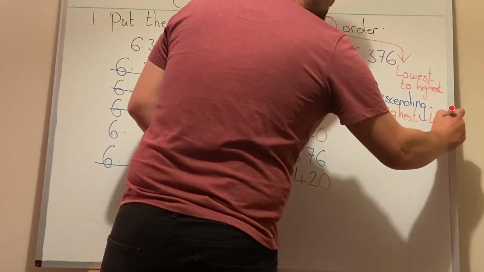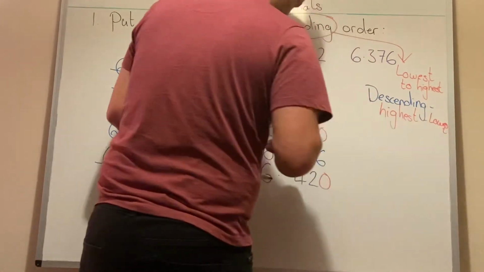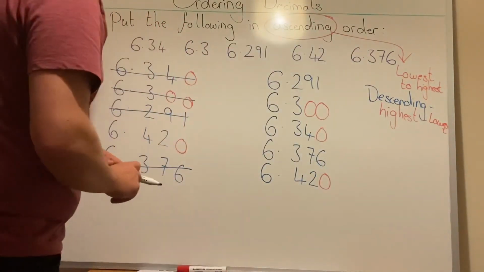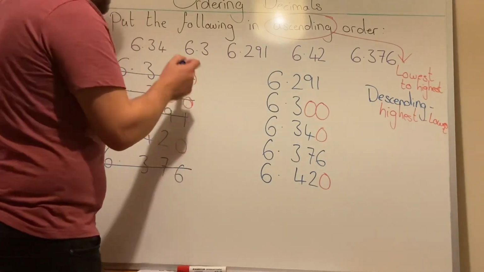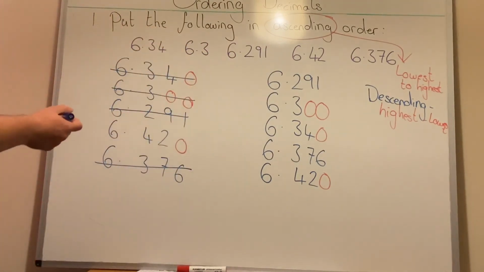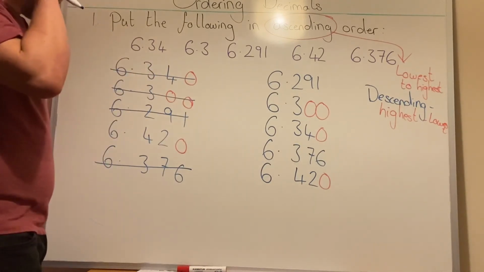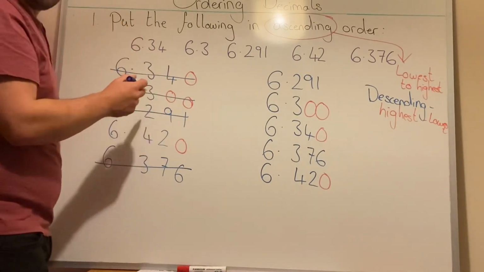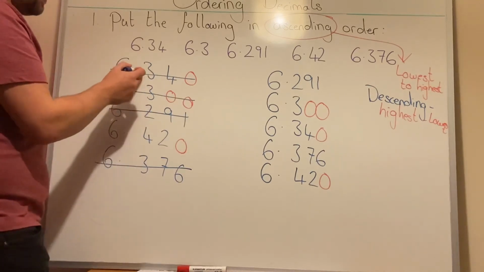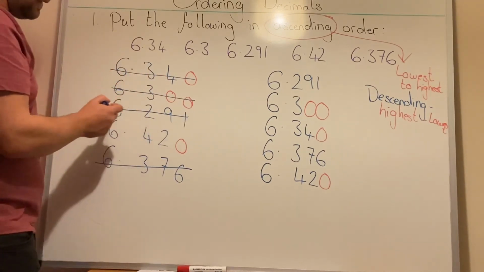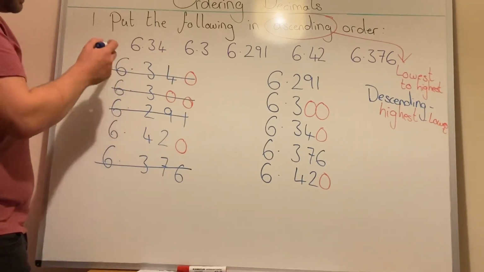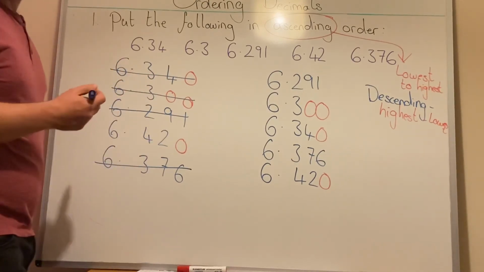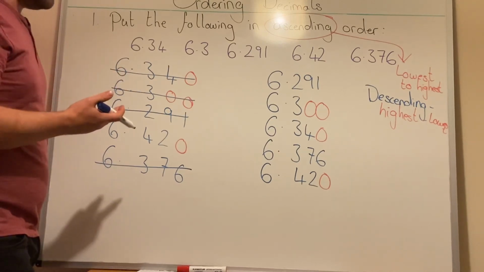Then we need to put all the numbers vertically instead of horizontally so that we can compare the digits. Try to make every number have the same amount of digits in it. Here we had 3 digits, here we had 2, here we had 4, so make sure they're all the same length so they're easier to compare. Then you just work your way across the digits to see which one is the highest and which one's the lowest.